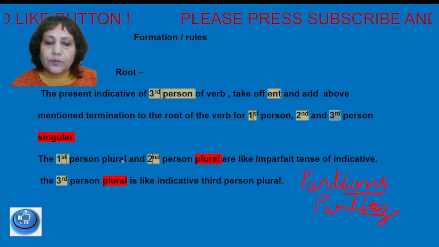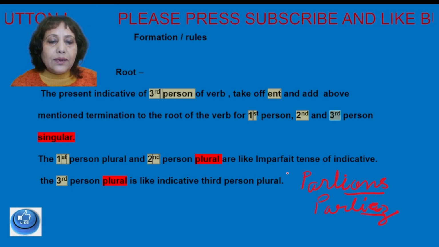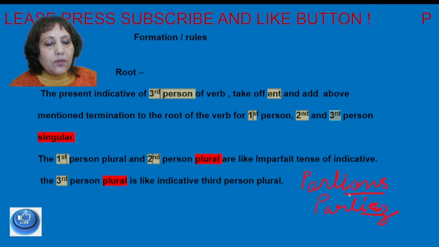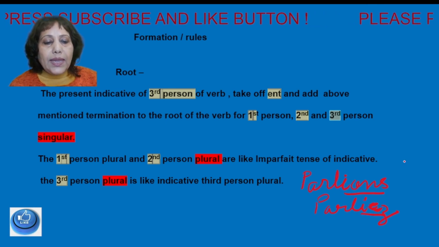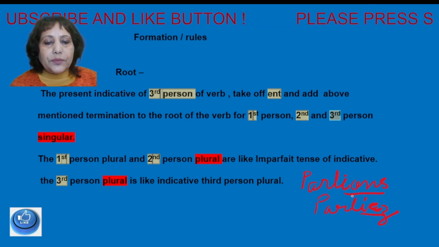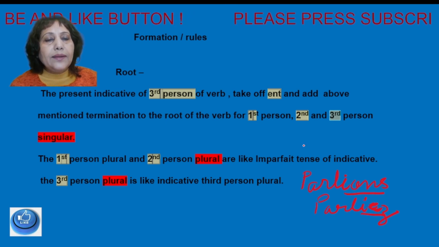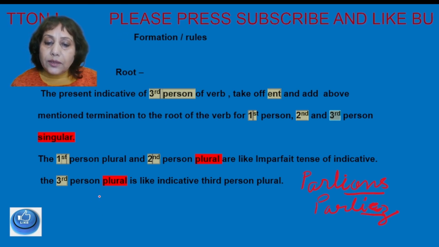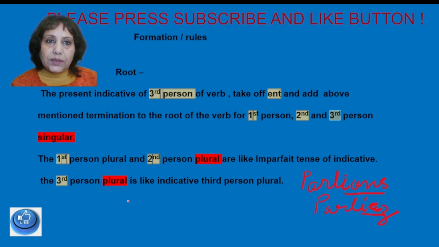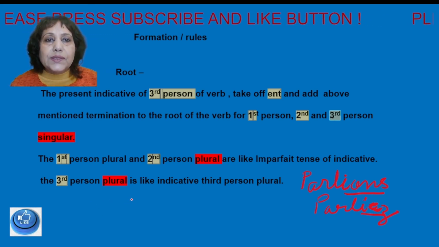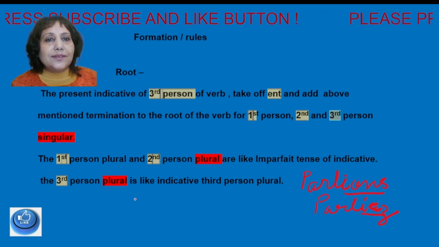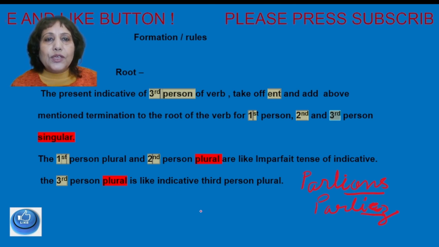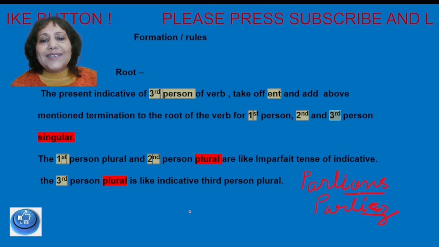The first person plural and second person plural are like the imperfect tense of the indicative, as I just told you. Okay, any verb, it will remain the same for the singulars and the first person and second person plural. The third person, see all the persons, there is a difference. That's why the subjunctive is a little difficult initially. But once you understand and you follow the rule, there is no difficulty at all.